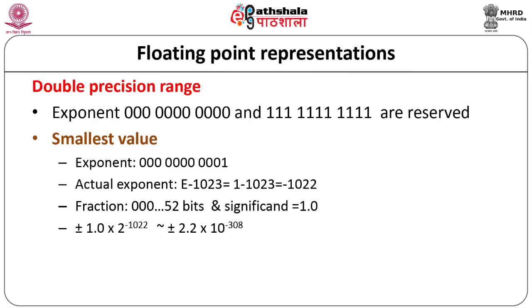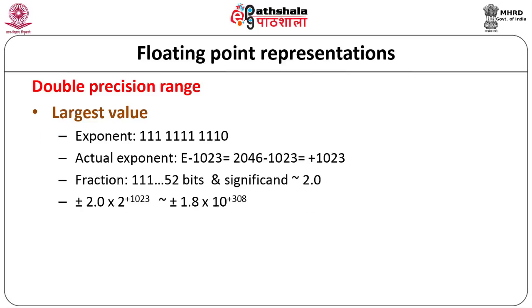The actual exponent for this number is around minus 1022. The fractional part is 0, 0, 0, almost 52 bits, and the significand is 1.0. Thus, it represents a number plus minus 1.0 into 2 raised to minus 1022, and that gives the decimal equivalent as plus minus 2.2 into 10 raised to minus 308.